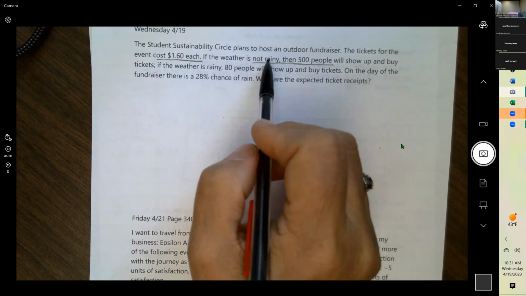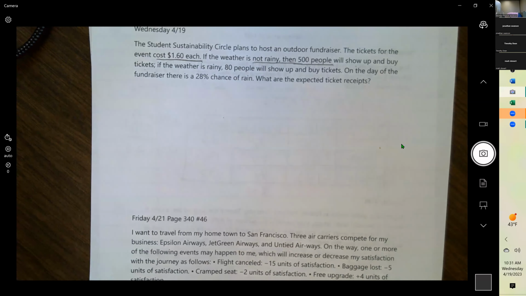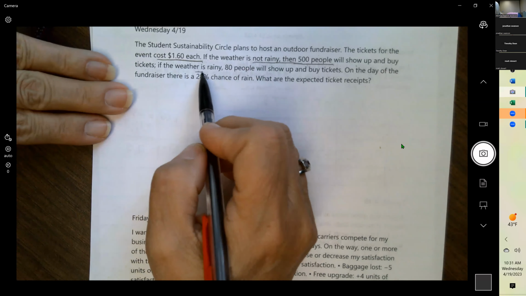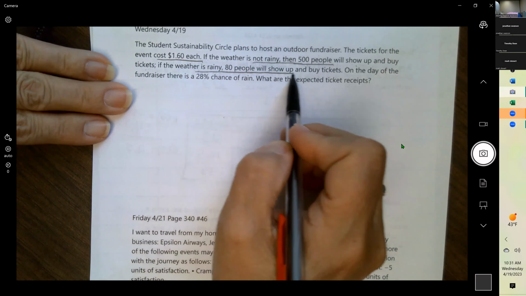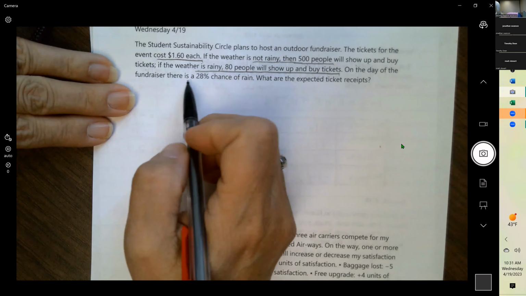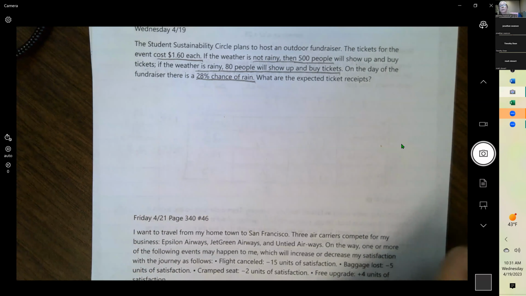That means if it's not raining, 500 people will buy tickets at $1.60 each. If the weather is rainy, 80 people will show up and buy tickets. On the day of the fundraiser, there's a 28% chance of rain. We need to find the expected value.